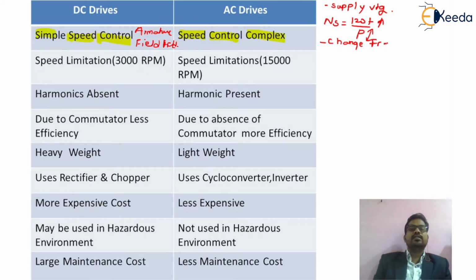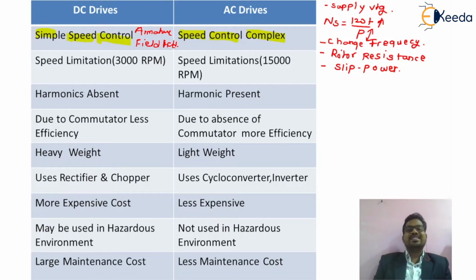The next type of speed control method that we use for the AC drive is rotor resistance control. Then the next type is slip power recovery. In the slip power recovery scheme, we can recover the slip power.